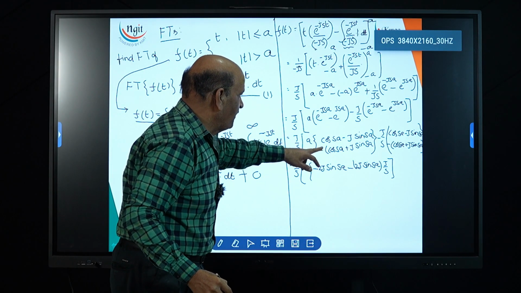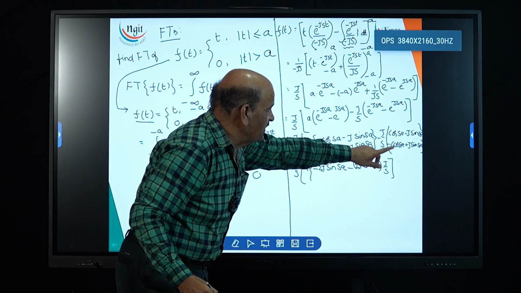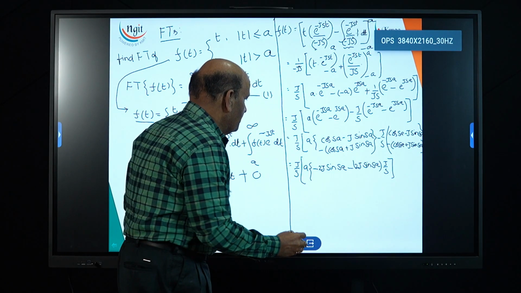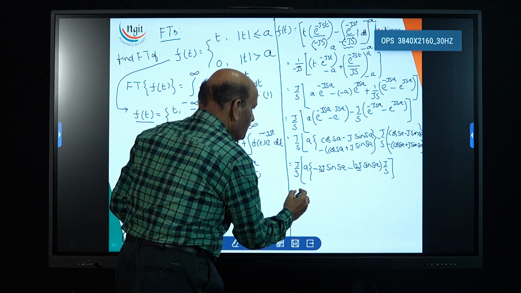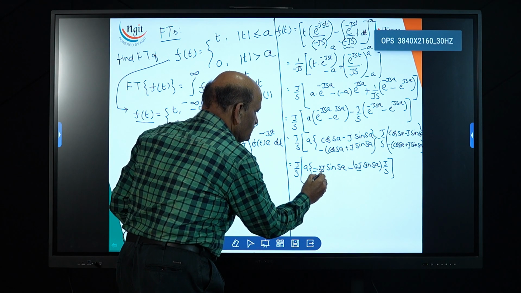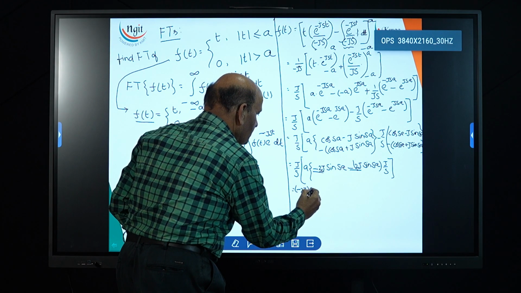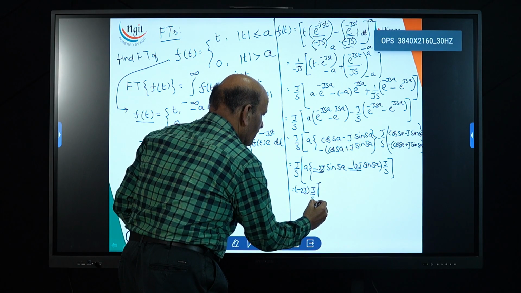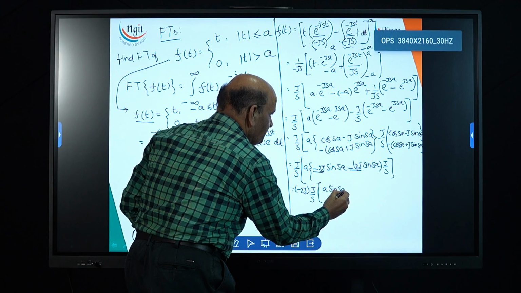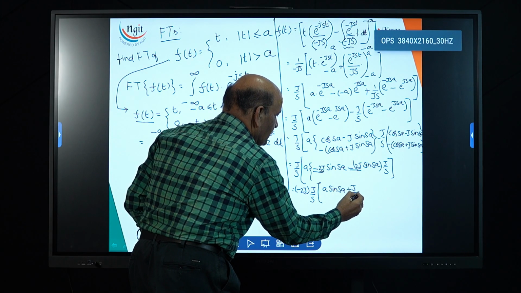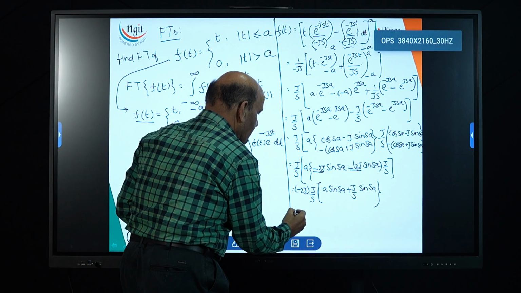Understanding? Expanding e power i theta: minus of this, here minus j, minus of both. This minus cancels, minus 2j. Now here 2j, you can make it cancel. Minus 2j into j by s of a sin sa plus j by s of sin sa. Understanding?